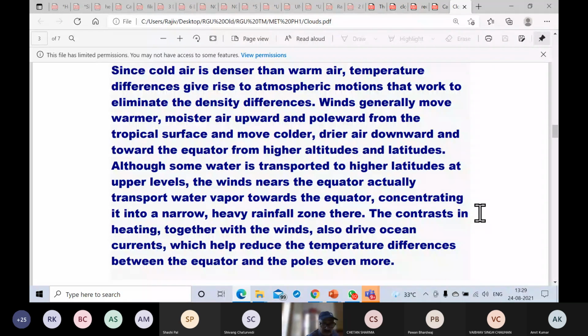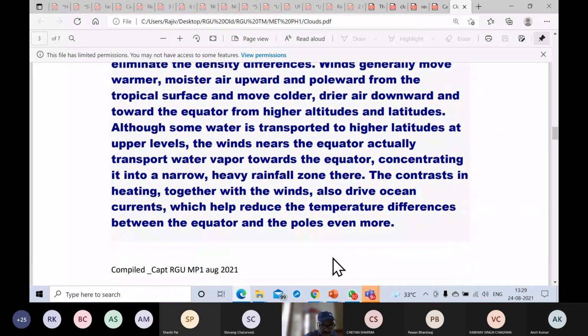Water is transported to higher latitudes at the upper levels, and this is going to cause a temperature gradient. When water is transported towards the equator and concentrated into a narrow channel, heavy rainfall occurs, which we are aware of. This also has an influence on ocean currents, but that is a separate topic.